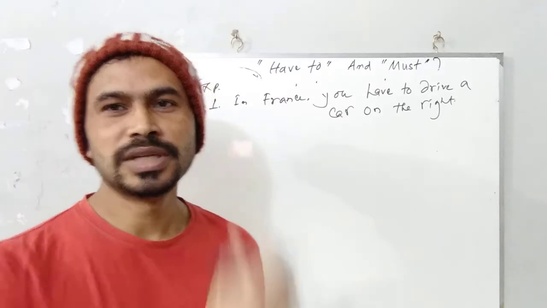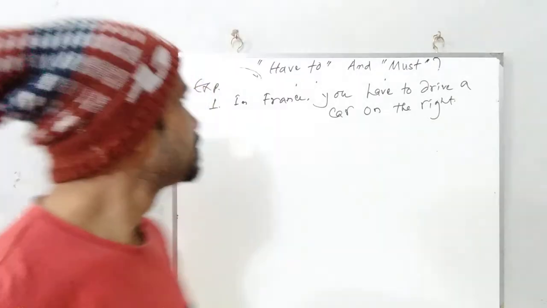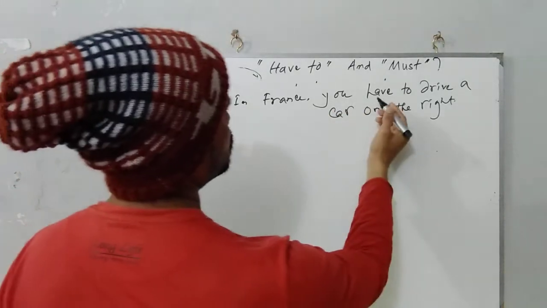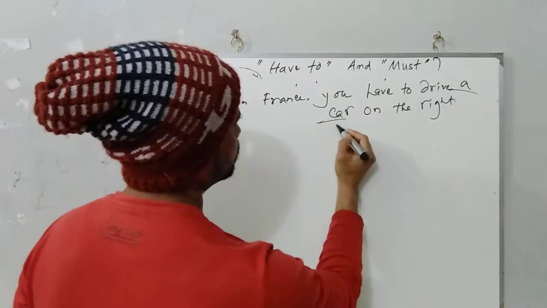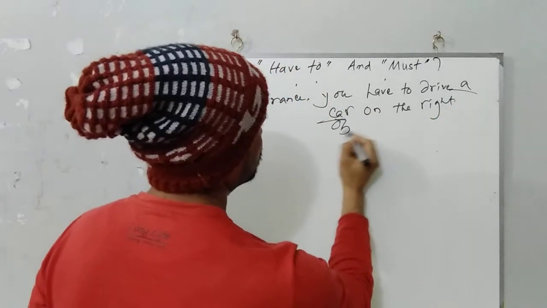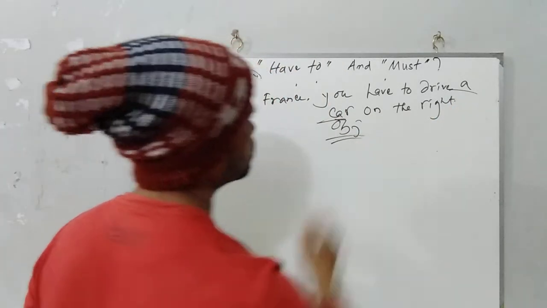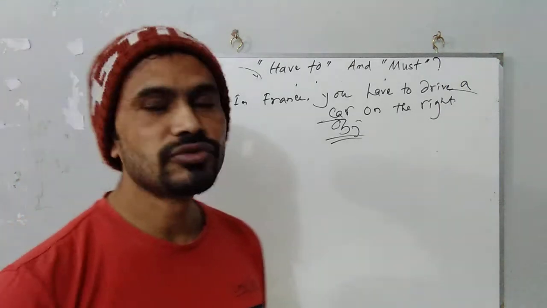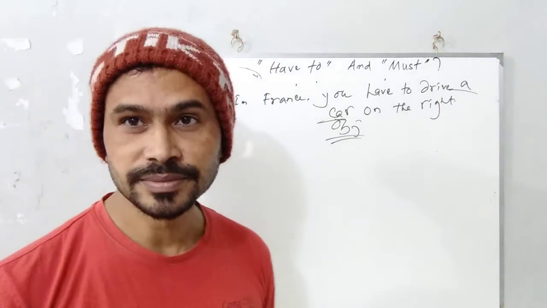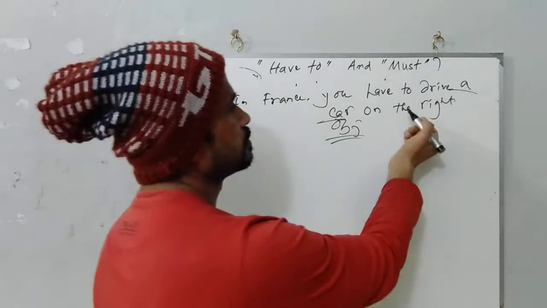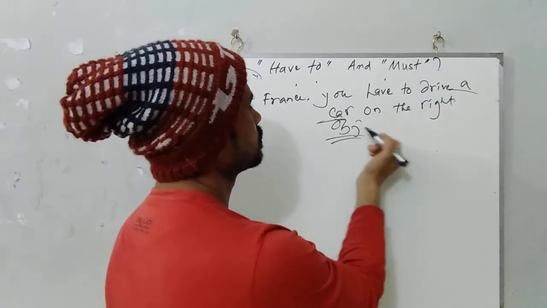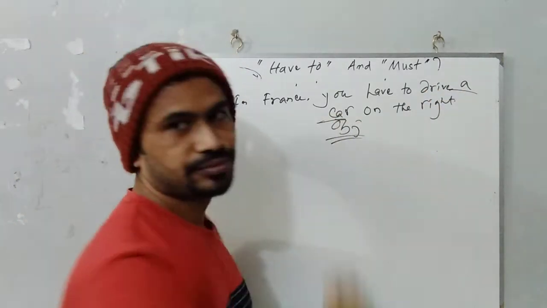Okay, so let's see. In France, you have to drive what? A car. This is the object. You have to drive what? A car. This is the object. So "have to" emphasizes the car.